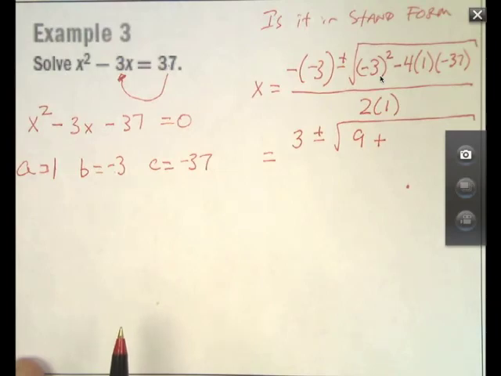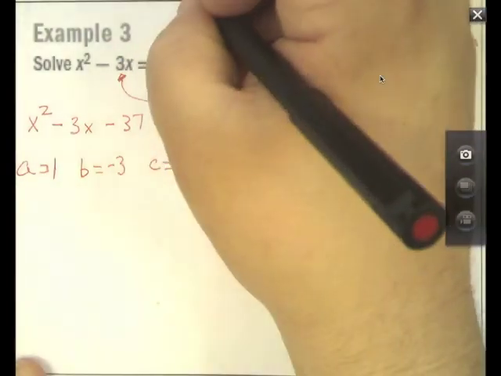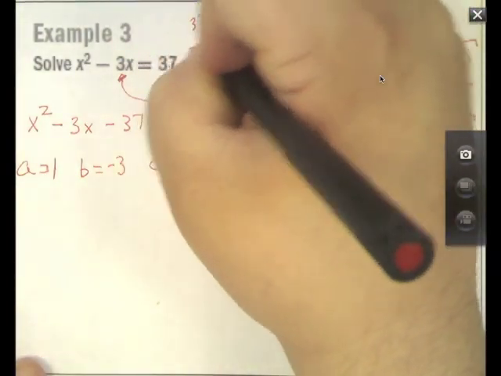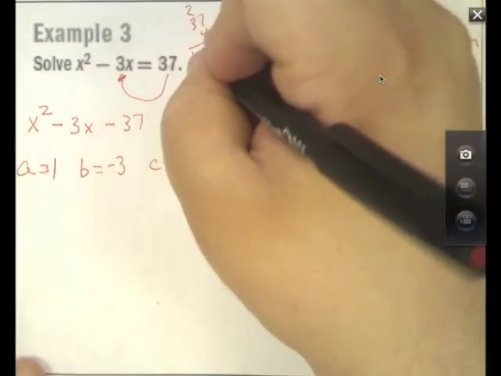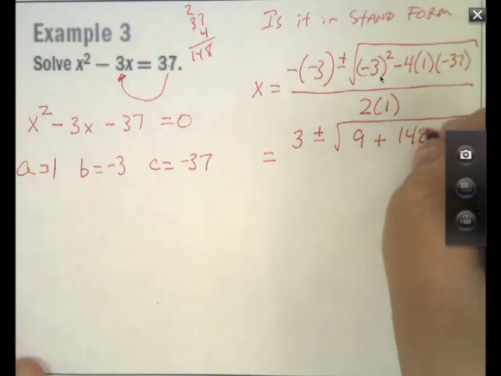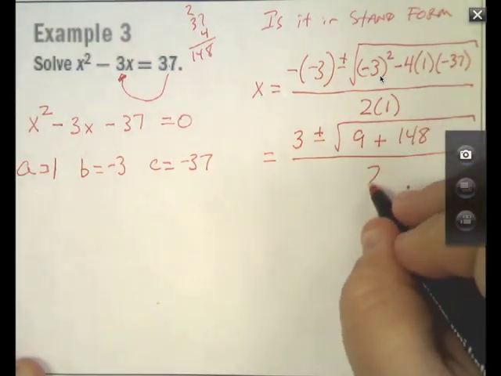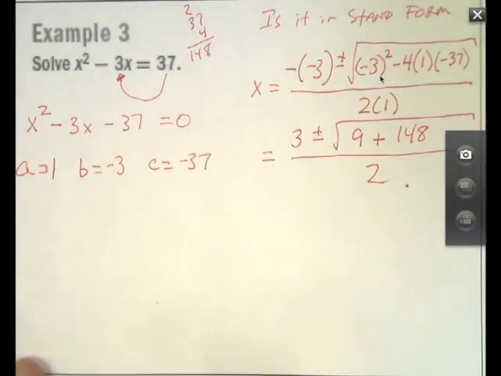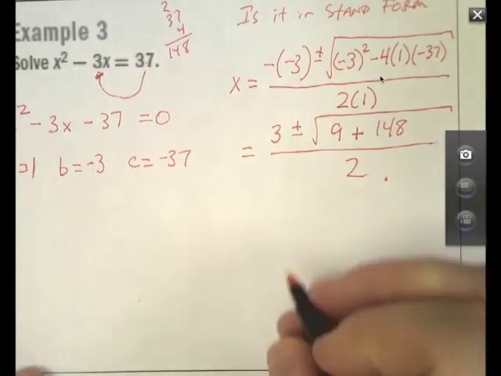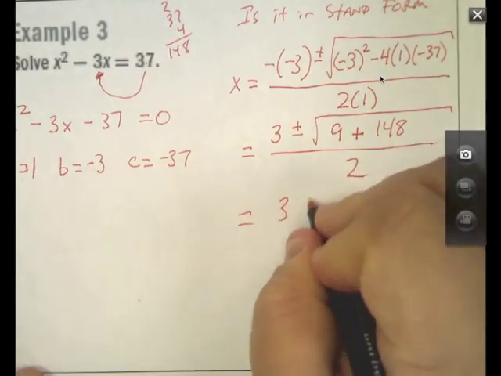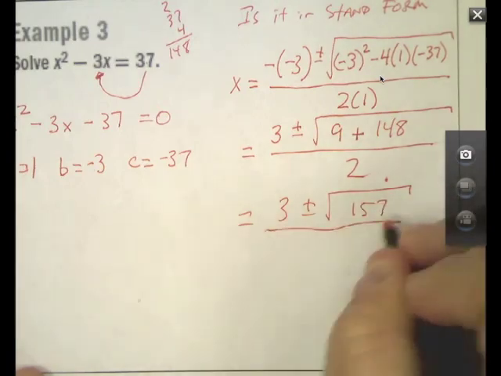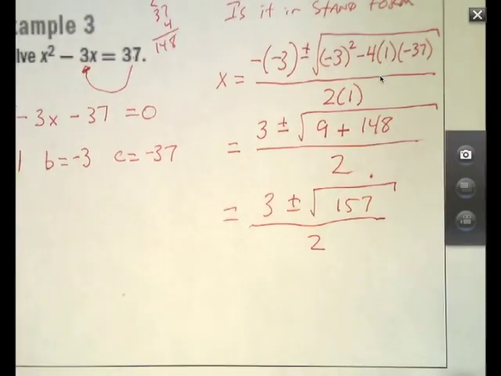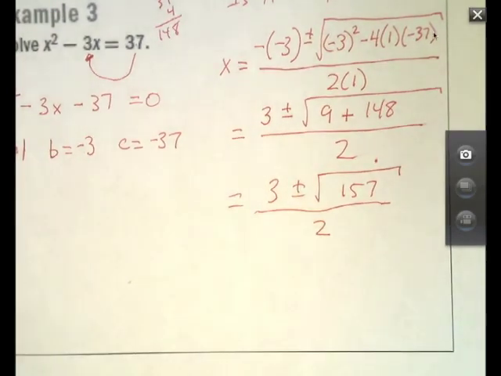And 4 times 37, I'm going to do that real quick right up here. 37 times 4, 28, and 12, 148. All divided by 2. 9 plus 148, you're going to say is 157. I need to find the square root of 157.